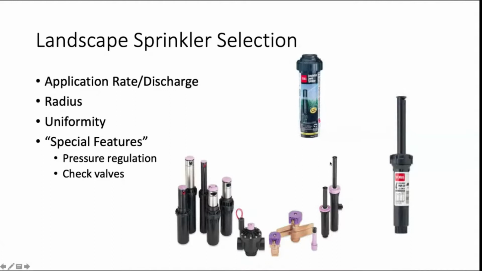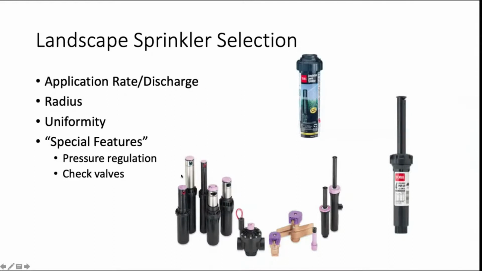Some of these are spray heads, and they just spray around anywhere from a quarter circle to a full circle. The purple you see here is indicative of a standard for wastewater irrigation or reclaimed water. Now, these are no different hydraulically than normal sprinklers. However, they will slap the purple cap on them and probably charge you more.